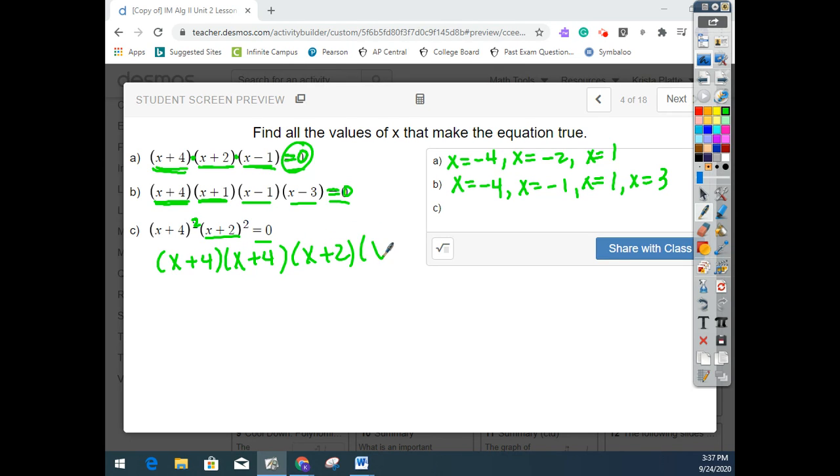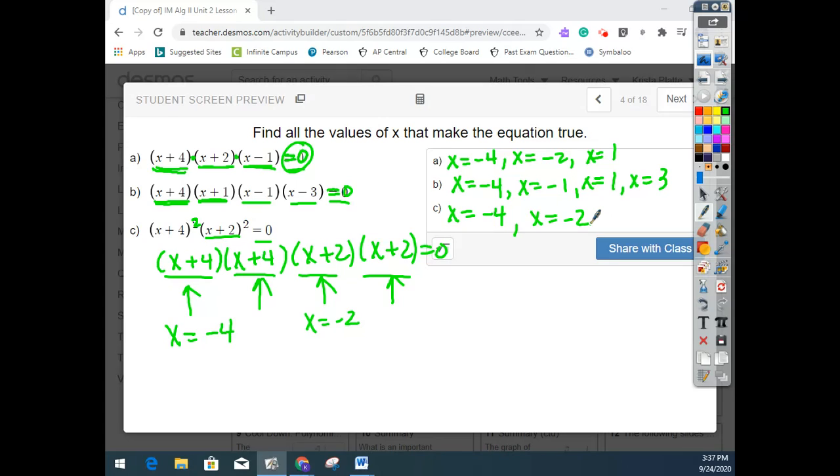X plus 2 times x plus 2. So technically there's really 4 parentheses, but notice what makes this one 0, -4. What makes this one 0, -4. You don't need to write an answer to the same answer twice. What makes this one 0, -2. What makes this one 0, -2. So you only need 2 answers, -4, -2.